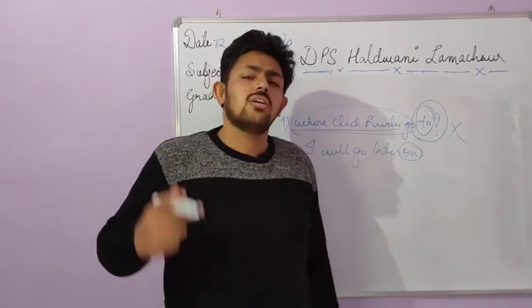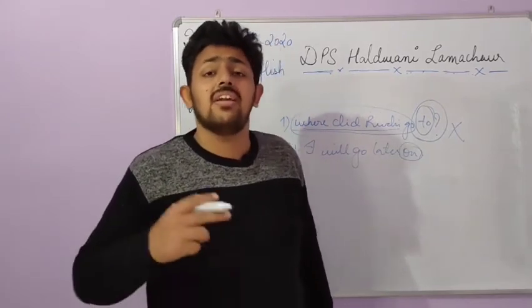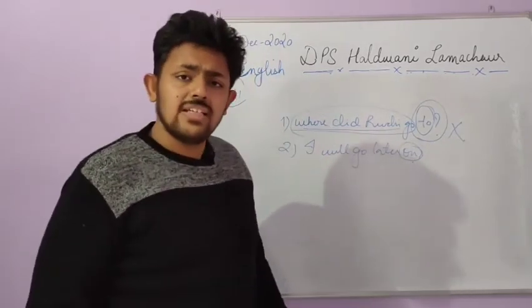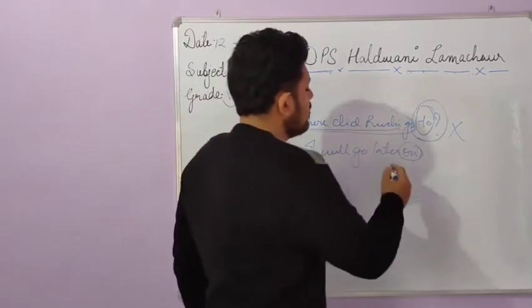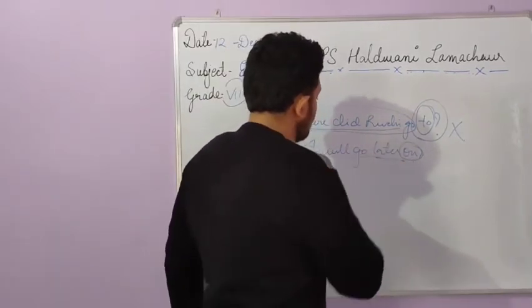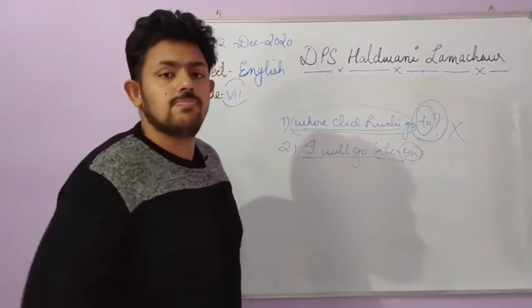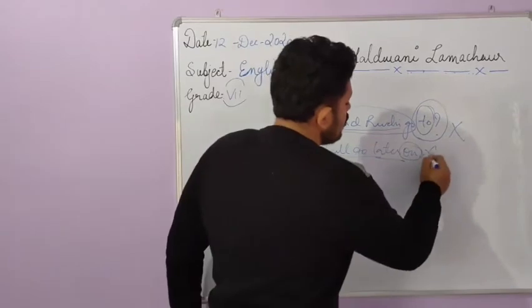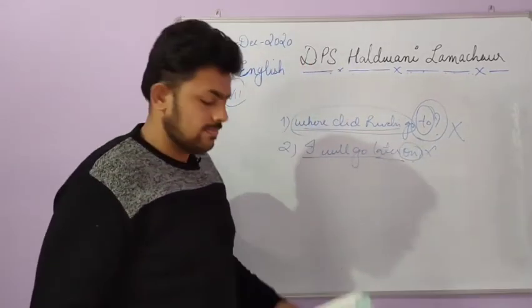But it is not that grammatically incorrect, because if you are using on also, then nothing is wrong. But try to avoid it because it doesn't sound that good. I will go later. मैं बाद में जाऊंगा. On is not that required.